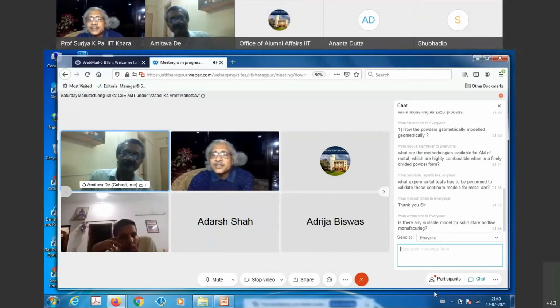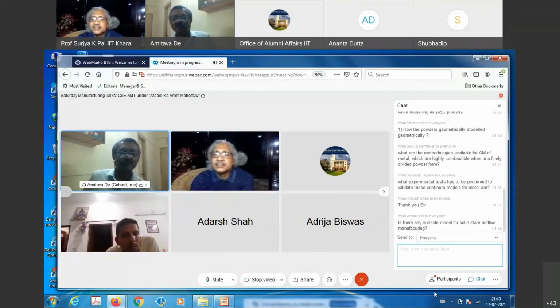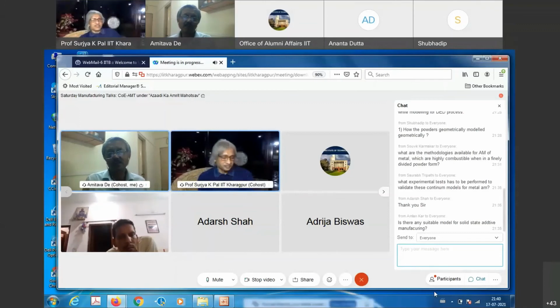Mr. Saurabh Tripathi has asked what experimental tests have to be performed to validate these continuum models for metal additive manufacturing. There will be standard tests. People build single track, multi-layer structures, and multi-track, single layer structures, then cut them and look at the fused profiles and try to match them.